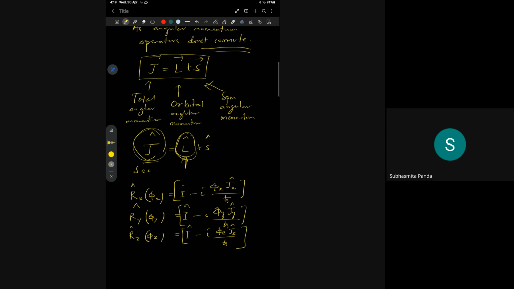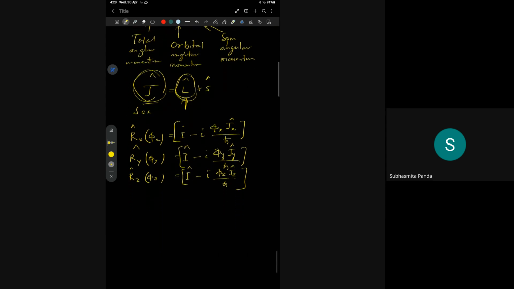And this is for infinitesimally small rotation.